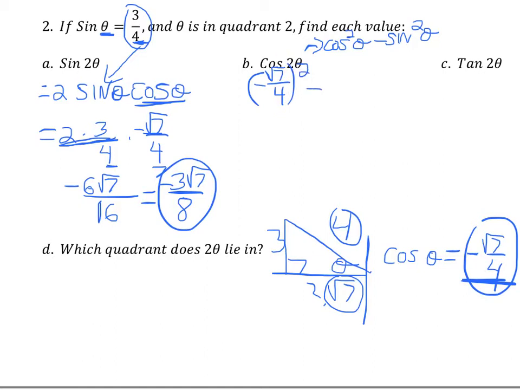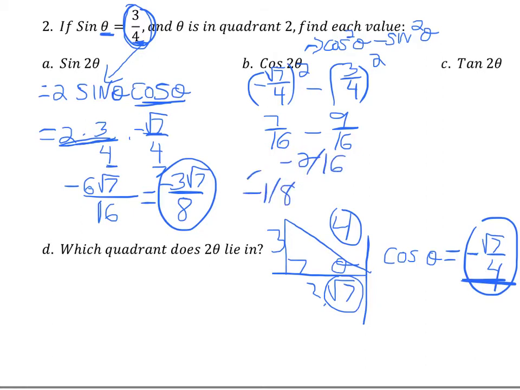And then you subtract the value for sine of theta, 3/4, and we square that. If I square negative root 7 over 4, that's positive 7 over 16, minus 3/4 squared, which is 9 over 16. When we subtract that, we get negative 2/16, which reduces to negative 1/8.